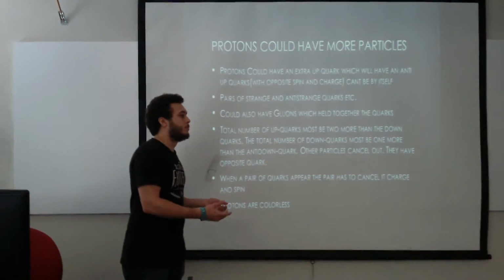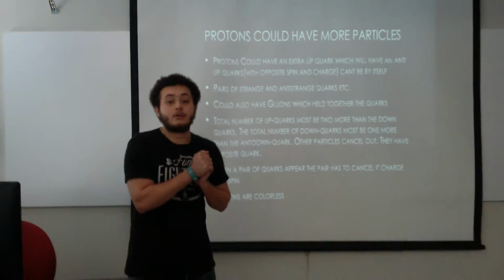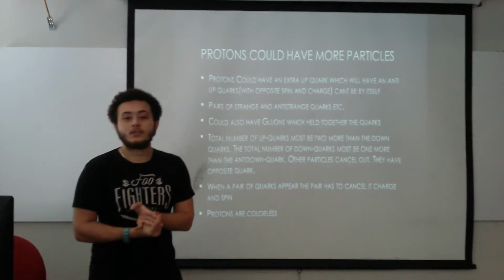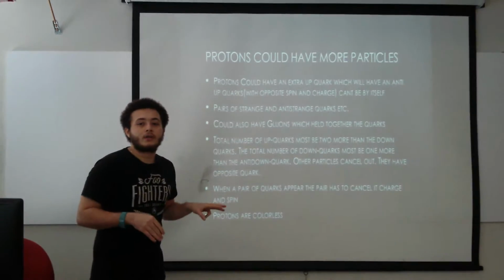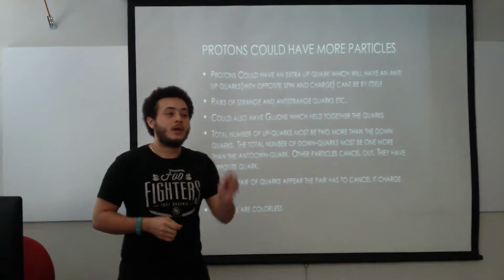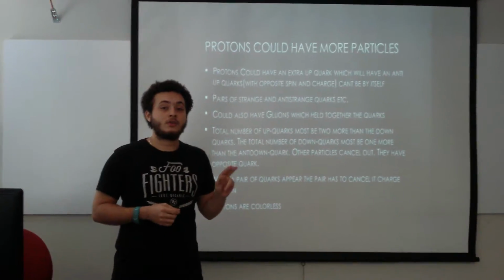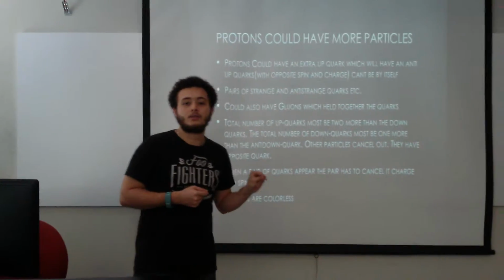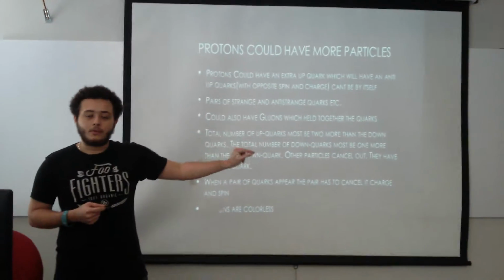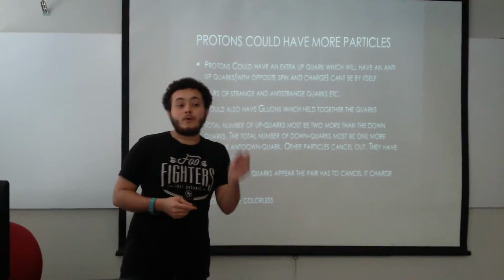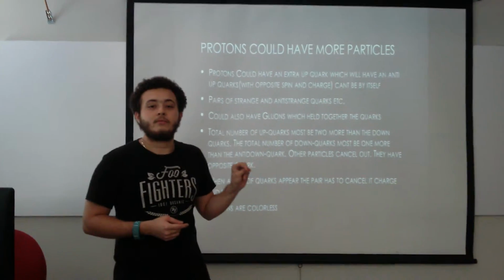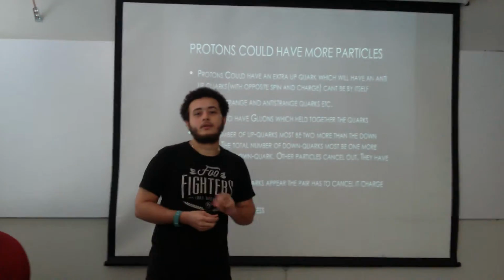Also, protons could have more particles. As I said before, they are made of 3 valence quarks, but they might have more quarks. But the rule is that they have to have 2 more up quarks than anti-up quarks, and the other rule is they have to have 1 more down quark than anti-down quarks.